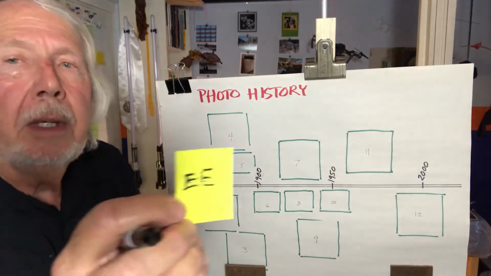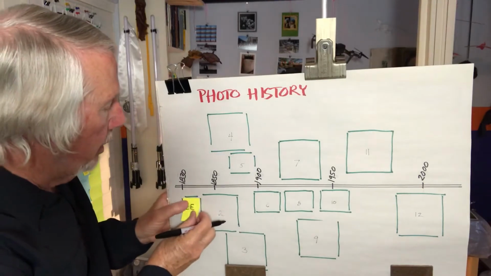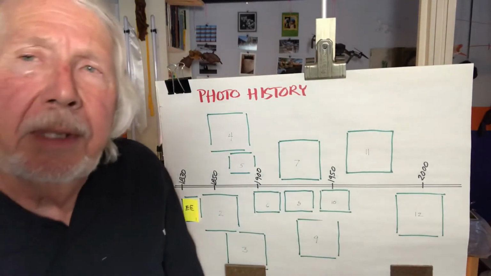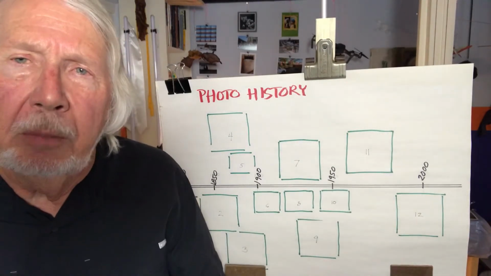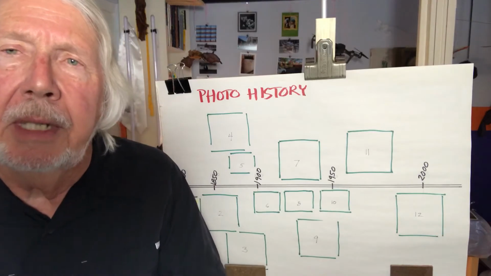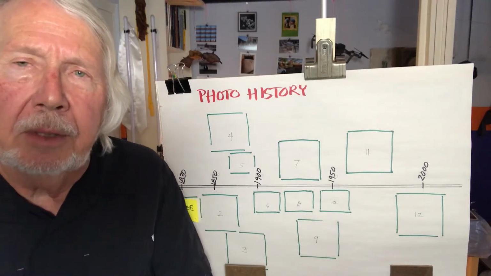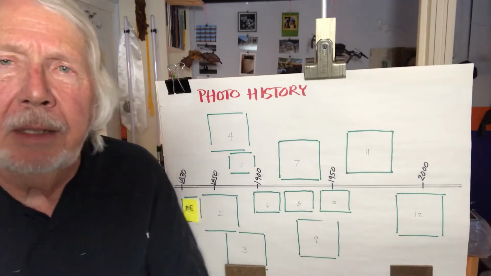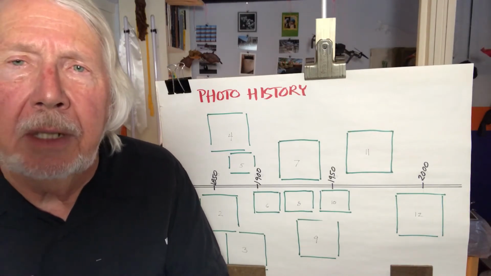So our early experiments are going to fit in the timeline right over here between about 1830 and 1850. There wasn't any real practical photography going on. There was research and development, and there was quite a few people who were trying to get on board ahead of somebody else.